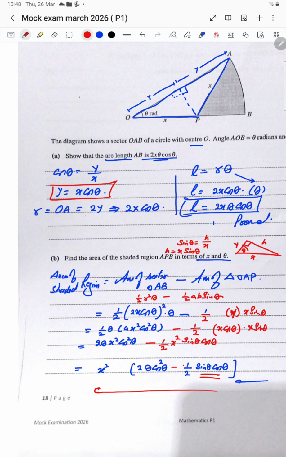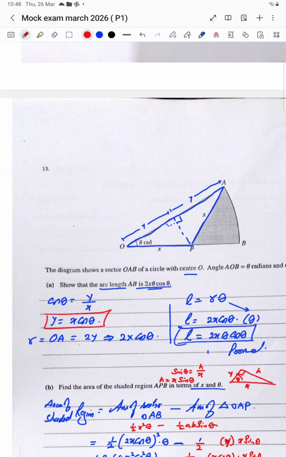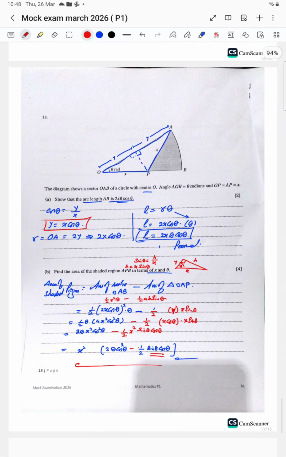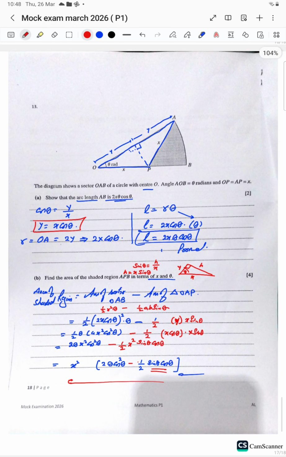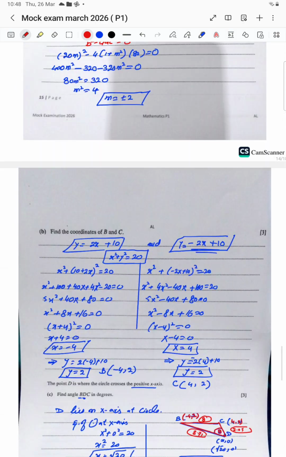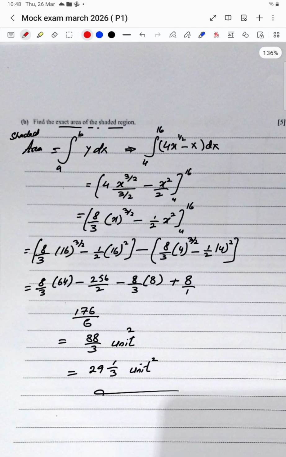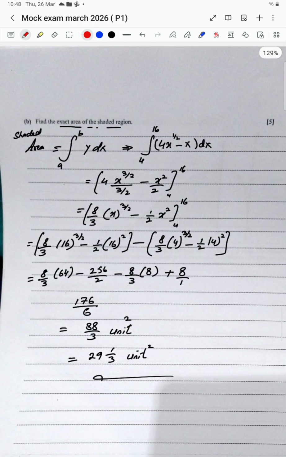So this is the final answer. I hope you got it. So this is the end of the paper. I hope you understood everything in a good way. Any query you face while understanding this concept, do write to me, feel free to write, and I will explain this paper as well. Okay, good luck.